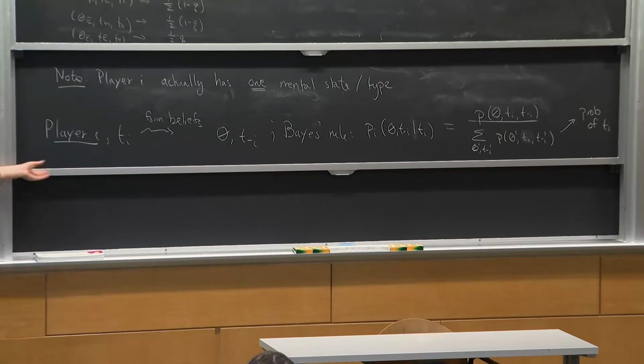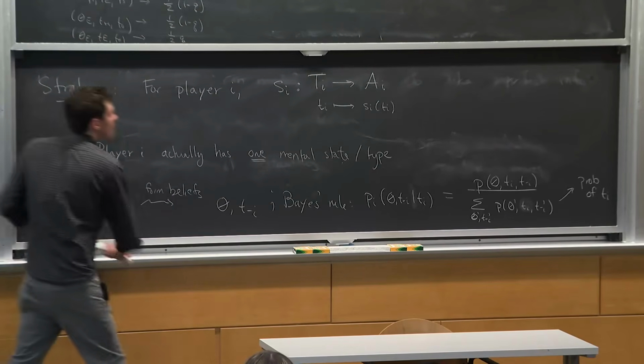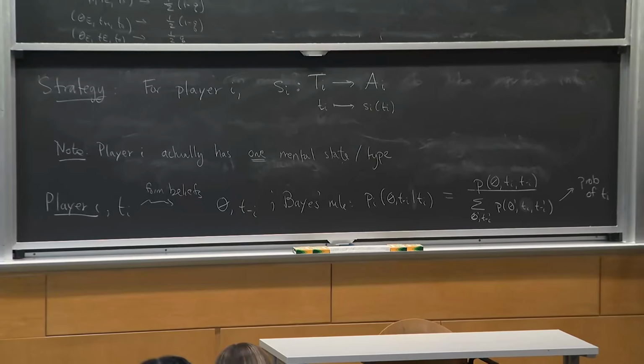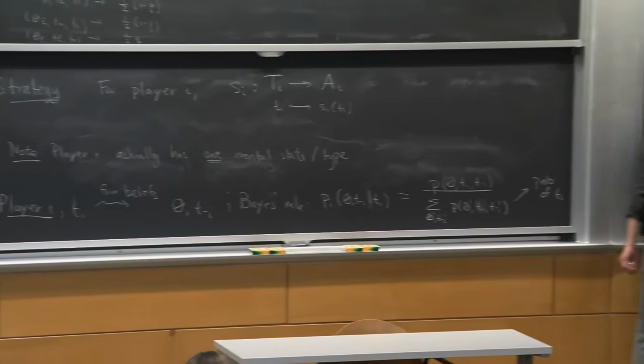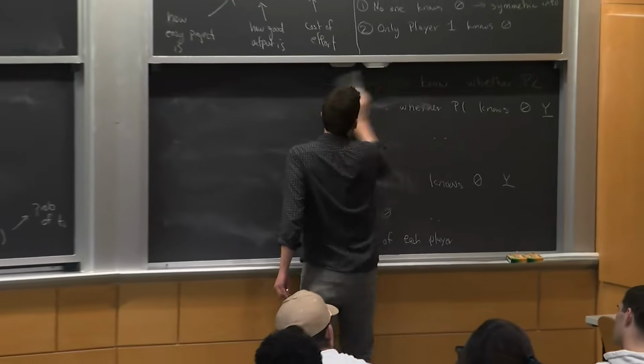Okay, so now I think we can finally write down the definition of equilibrium. It's a bit of a long definition, so I really just want to spend the last 15 minutes writing down one equation to make sure we really understand it.